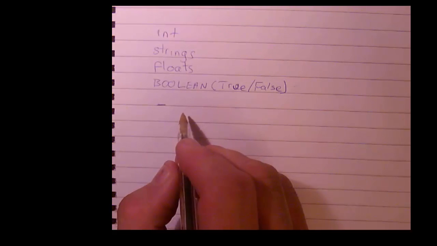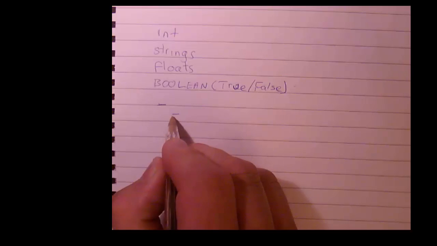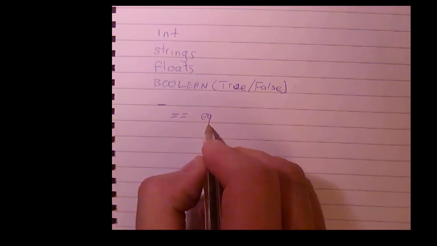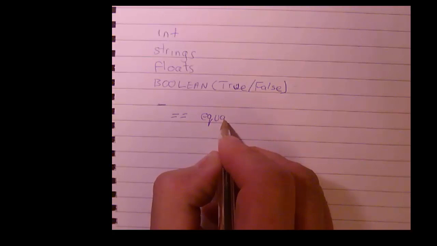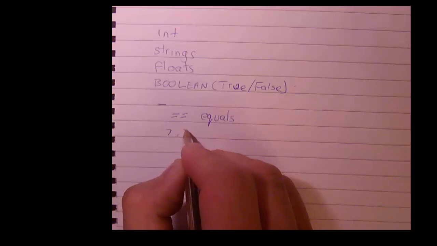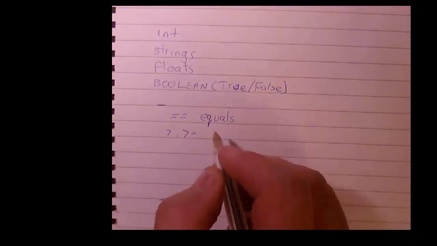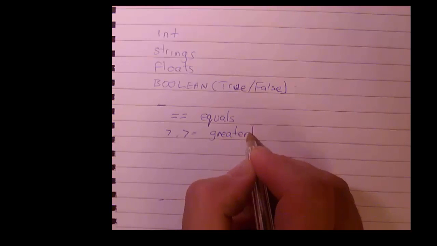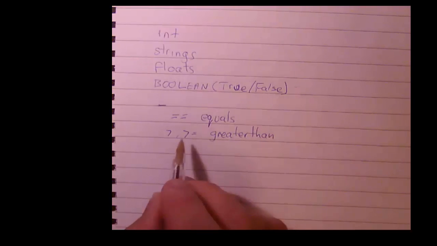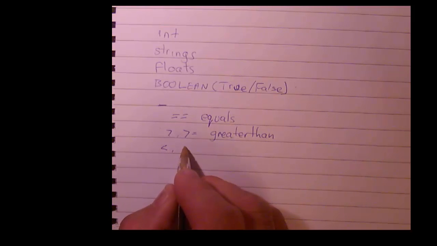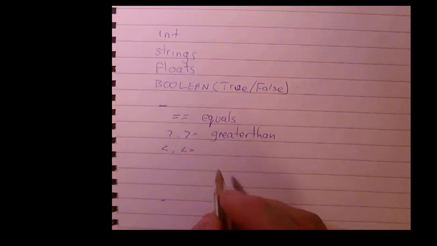The mathematical comparisons we do are an equality one, and notice that's a double equals. We've also got a greater than or a greater than equals, or a less than or a less than equals.